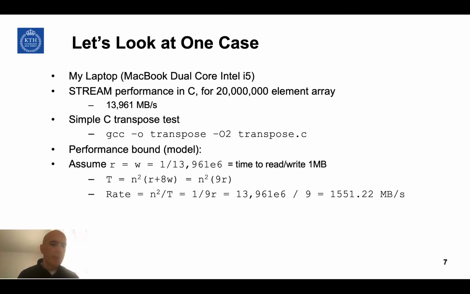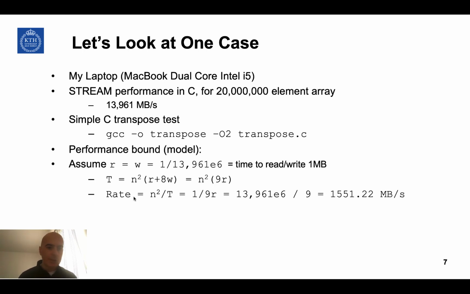Let's go back to the model we derived in the previous slides. The total time is n squared, where n is the size of the matrix, times the cost of a read, plus the cost of the write multiplied by L. In this case, L is equal to 8 because there are 8 doubles in a cache line. So this is equal to n squared multiplied by 9r.